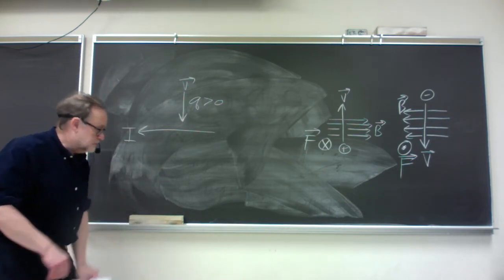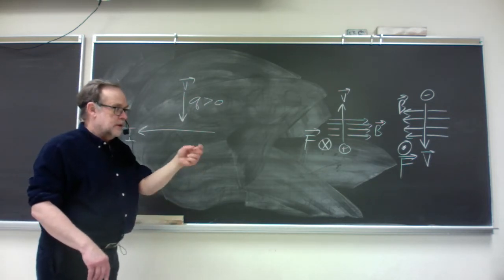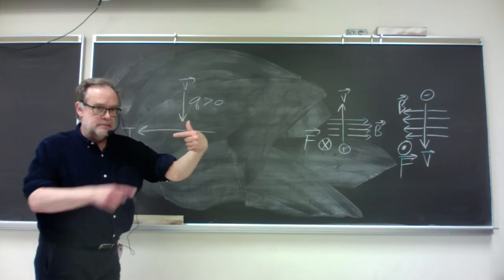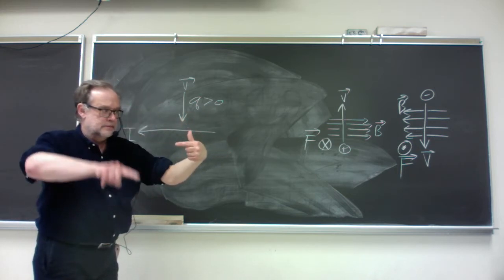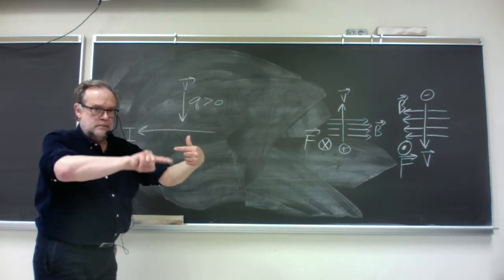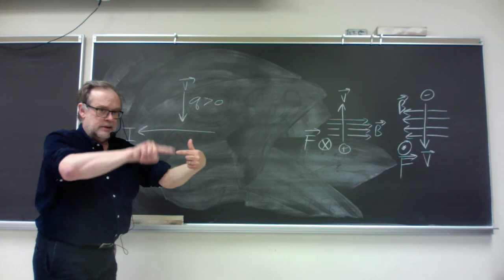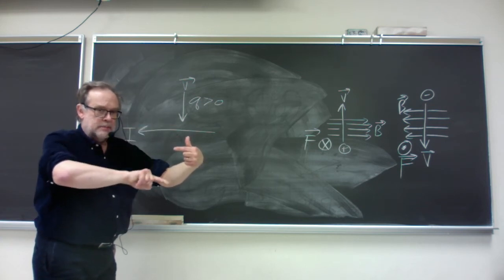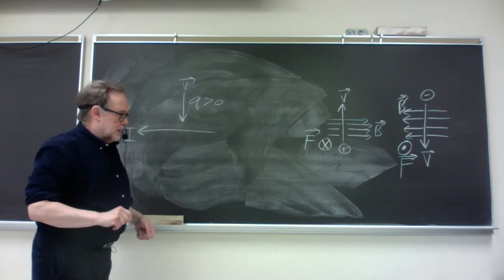So if here's the current, then circles like this would be the magnetic field lines.